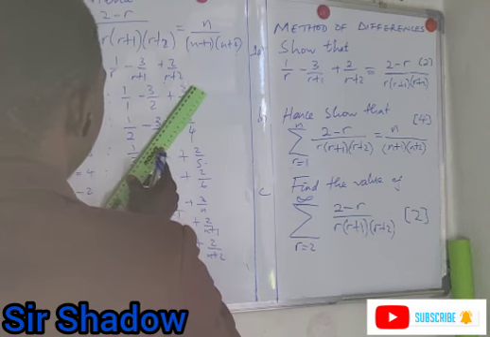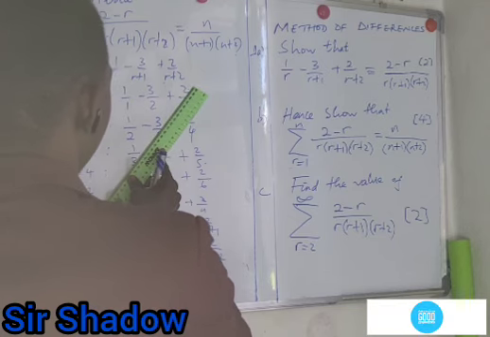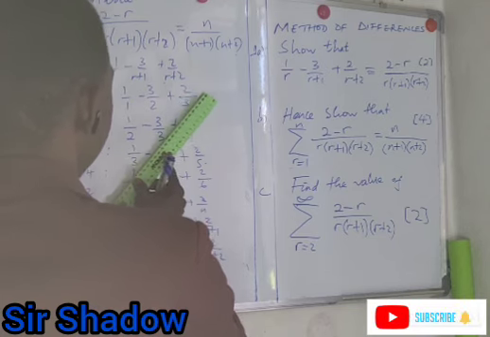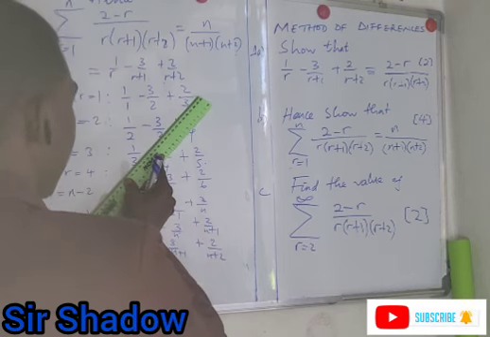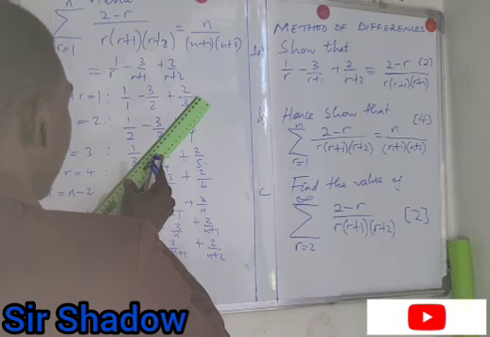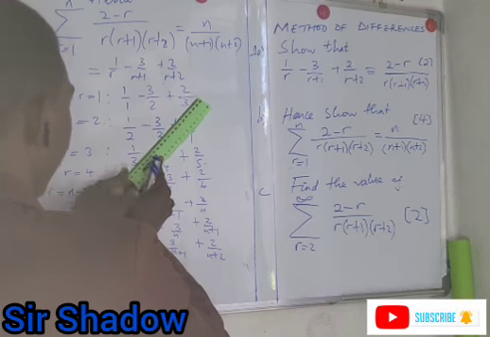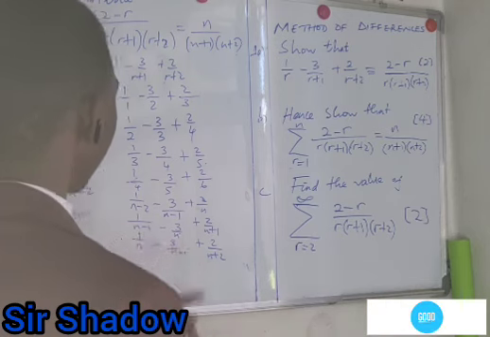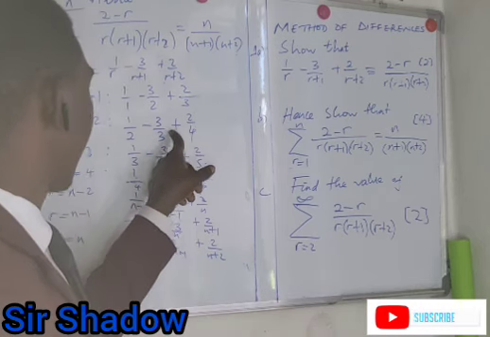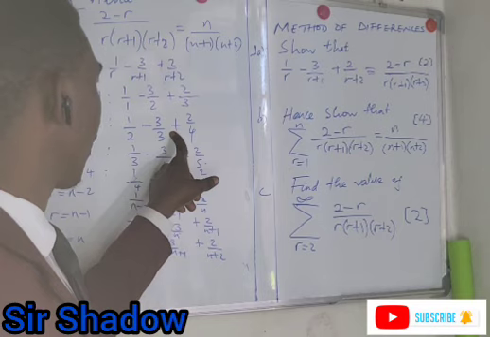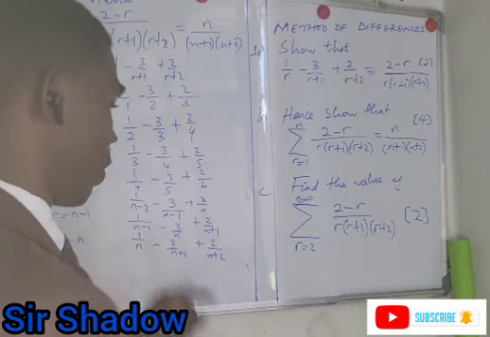Then let's consider this one. Minus 2 over 3 minus 3 over 3, which is minus 1 over 3 plus 1 over 3 to give us 0.